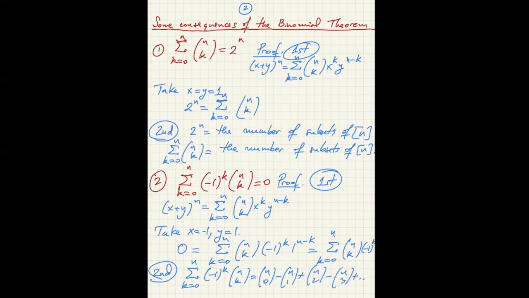Now, let's move to the next page. So let's rewrite this again: n choose 0 minus n choose 1 plus n choose 2 minus n choose 3, and so on.